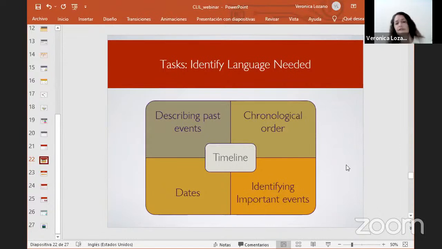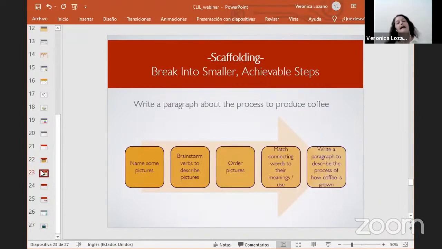What's important and what's not. So you identify the language, you identify the ingredients that you need, and then they are ready to work on their task. Okay, so what this gives you is a variety of language. You're not just teaching the past tense, you're teaching many other things along with the past tense.